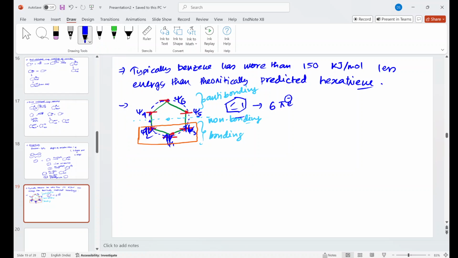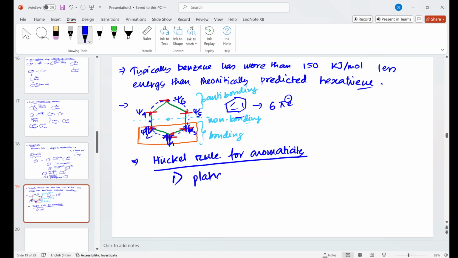Okay, so Erich Hückel tried to do multiple calculations for different structures and to find some reason for this extra stability. So he came up with some rules that are mainly depicted as Hückel's rule for aromaticity. What are the rules? First rule is that the system should be planar.